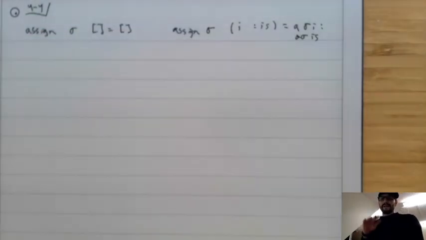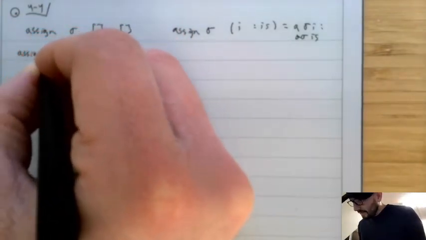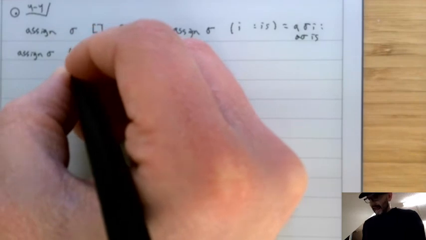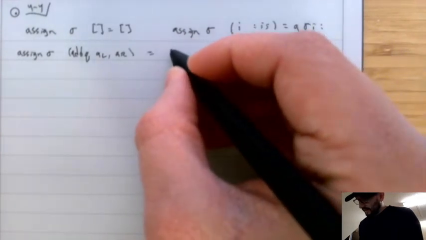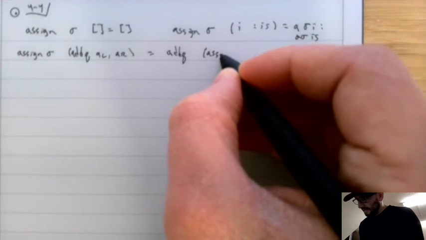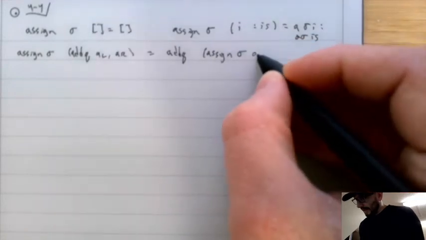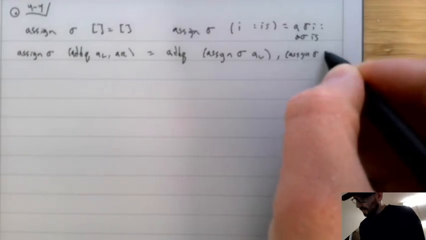Okay, but now let's talk about how we actually do it inside of the instructions. Well, if we do assign row on an addq of an AL and an AR, then what we do is we do an addq of assign row of AL and then assign row of AR.